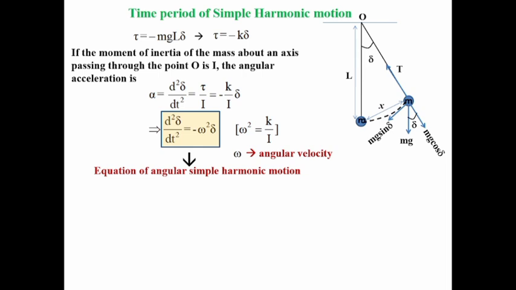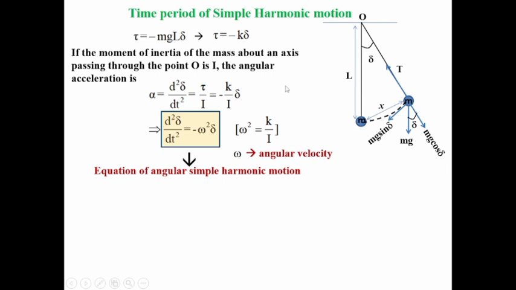Now let's see how to construct the equation of motion, and from there how to find the time period of the simple harmonic motion. As you know, the torque tau is minus mgl delta, that is minus k delta.